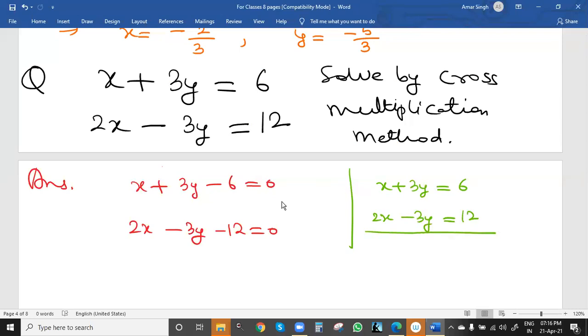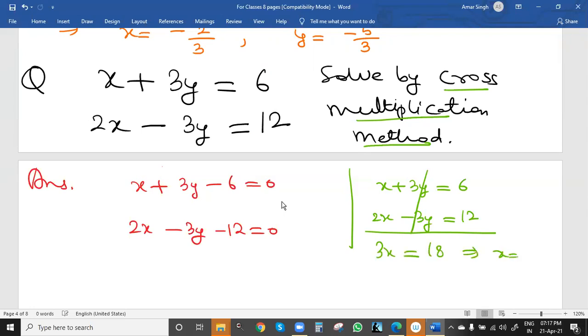In an examination, if the cross multiplication method is given, then no option is left, we'll solve by cross multiplication only. If the question doesn't give any specific method, we can use any one method. But even in cross multiplication, we'll first solve by the easiest method we know. We can simply eliminate the 3y value, because 3y has the same value with opposite sign and will cancel out. So 3x equal to, we just have to add 18.